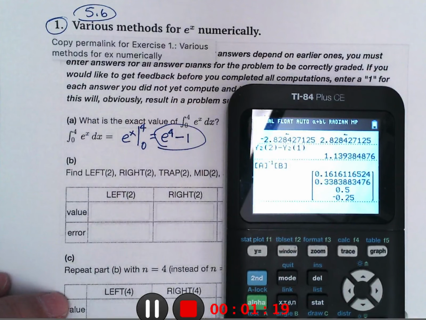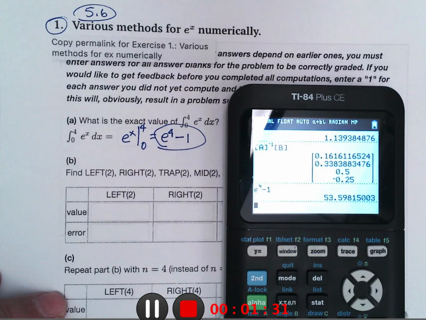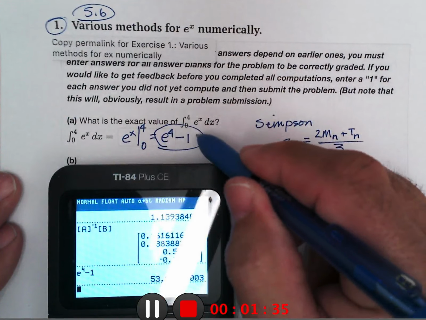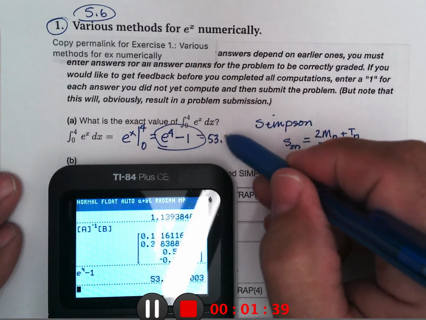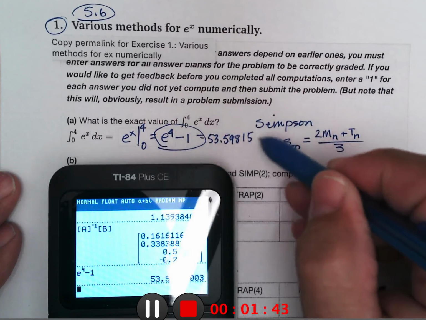So e to the 4 minus 1 is approximately 53.5981503.